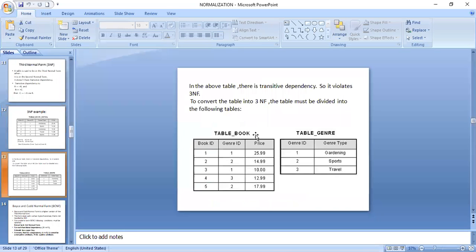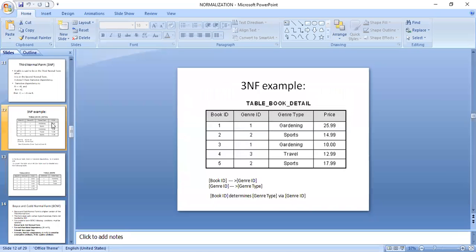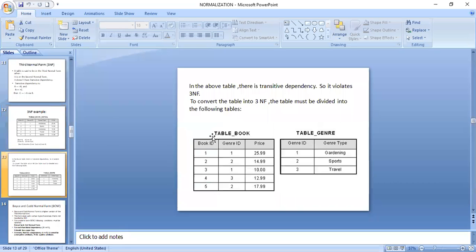Now the names of the tables will also change: table book and table genre. Earlier it was table book detail. Now it is converted into two tables such that the tables are in third normal form. If you check these two tables, you will not find any transitive dependency. As a result, this is said to be in third normal form. Is this clear? This is what is second normal form and third normal form in our session.